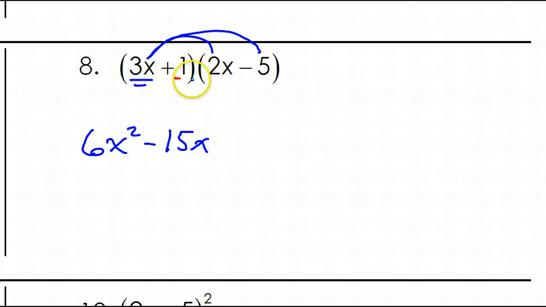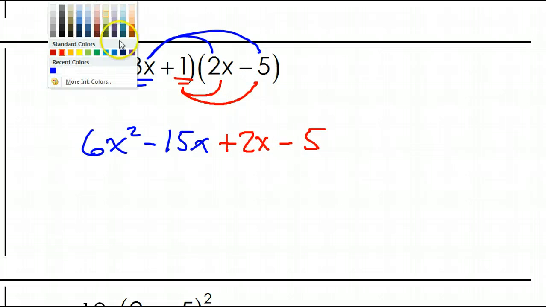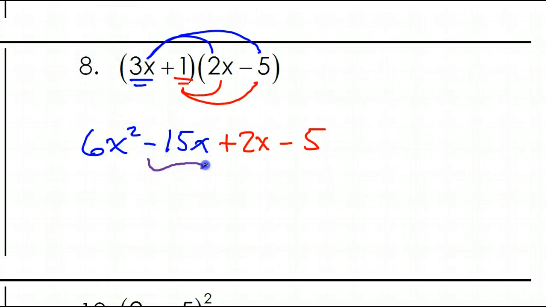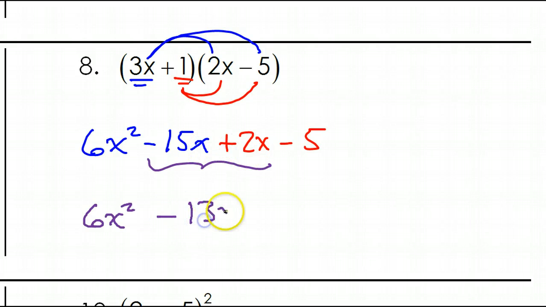Alright, next we will ignore the 3x and distribute the 1. 1 times 2x is just positive 2x. 1 times negative 5 is negative 5. Alright, the x terms are like terms once again. So we will bring down our 6x squared, but negative 15 plus 2 is negative 13.